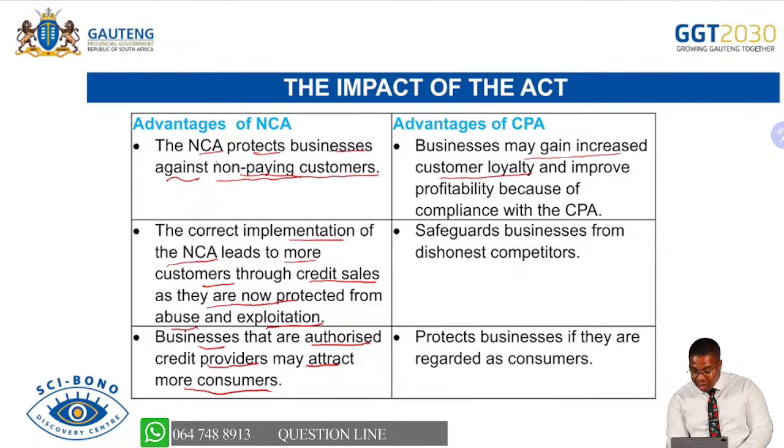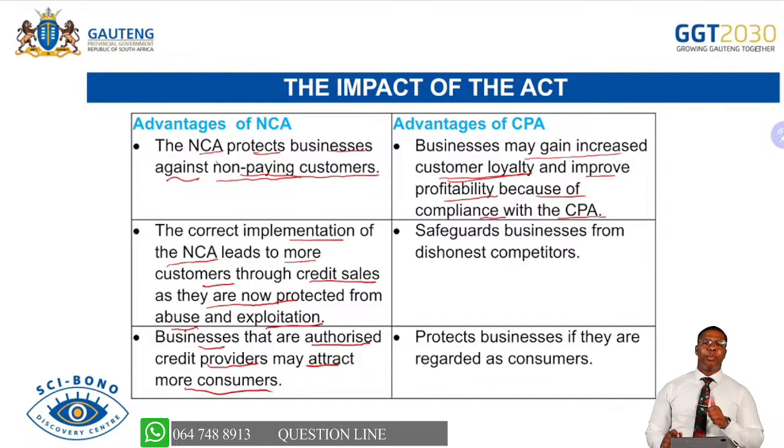Therefore, they will gain customer loyalty and improved profitability because of compliance with the Consumer Protection Act. There won't be unfair advertising. Consumers will be given their right to choose. So this would then allow consumers to be loyal to that particular business.